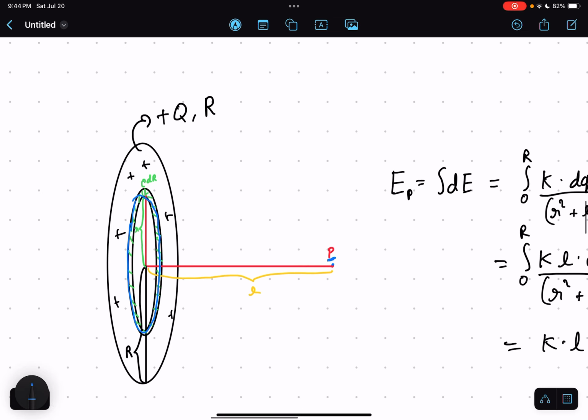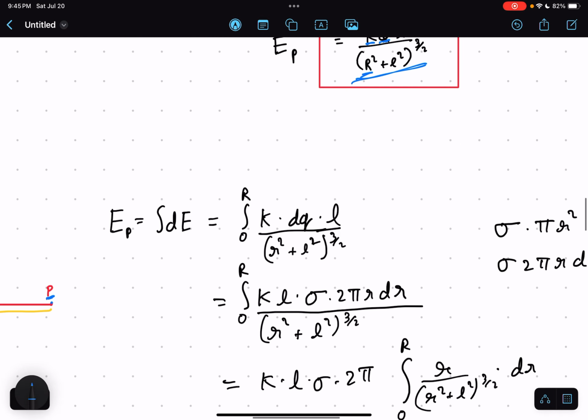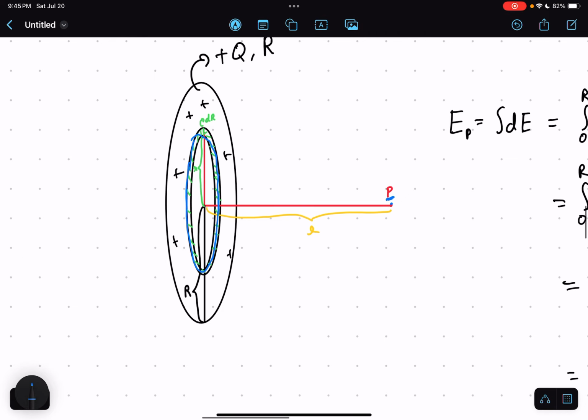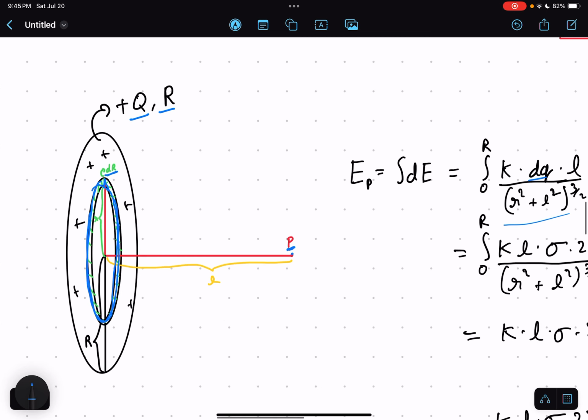As we have already calculated the electric field due to a ring, we can put the same equation here for dq, as we have taken the ring that's being formed over here as dq, and it's going to have a width of dr. This disk is going to have a charge of plus q and radius r.